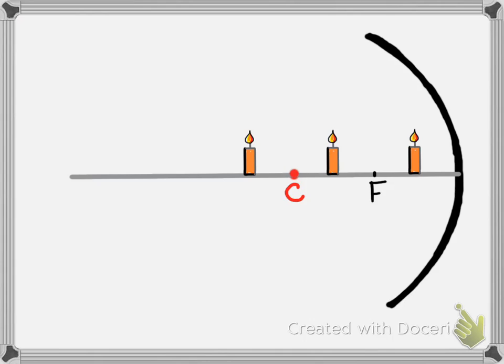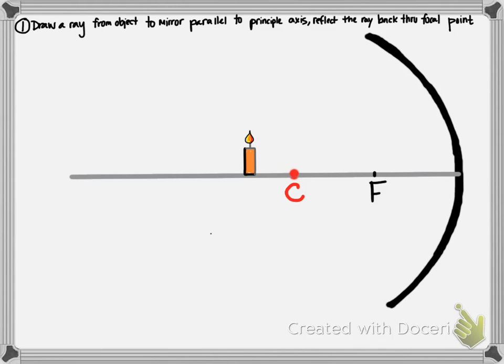Okay, you have a concave mirror with your principal axis, your center of curvature, and your focal point marked. No matter where your object is placed in front of that mirror, we always start off the exact same way. Number 1, first draw a ray from the object to the mirror, parallel to the principal axis. Reflect that ray, that's your inbound ray.